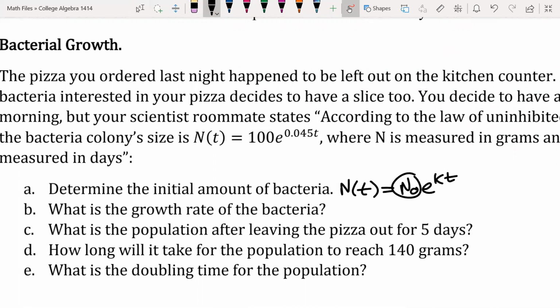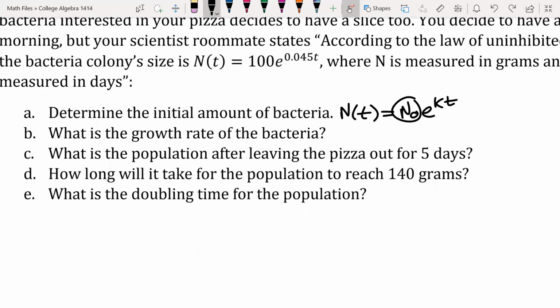So n initial, the initial amount of bacteria, is going to be given by 100. You can also find that by plugging 0 in for t. So for A, the initial amount of bacteria is 100, and I think we are in grams. 100 grams.